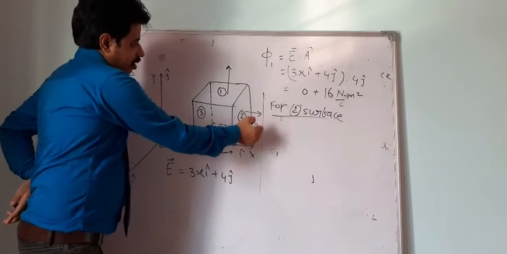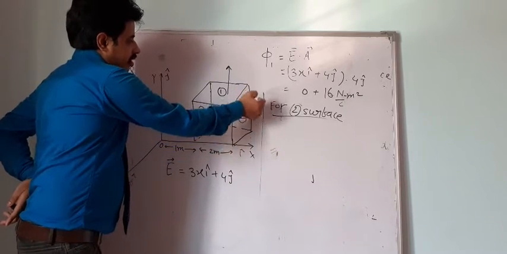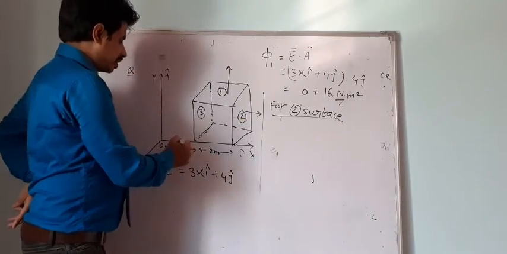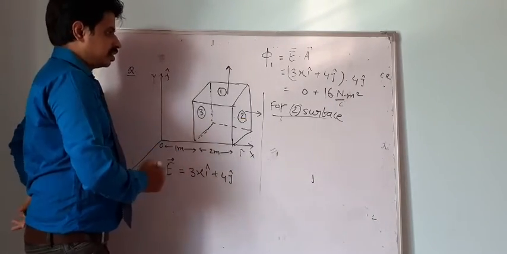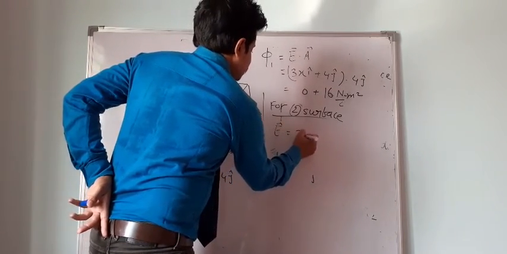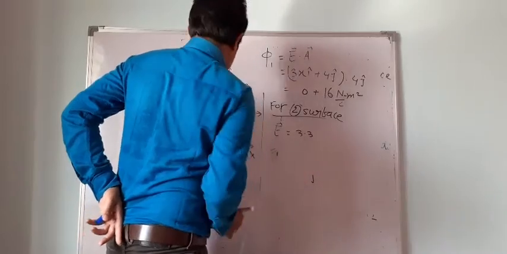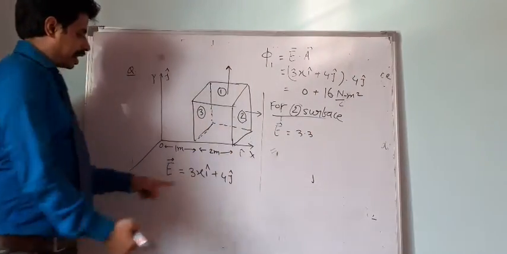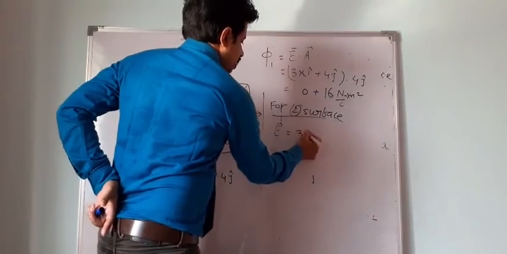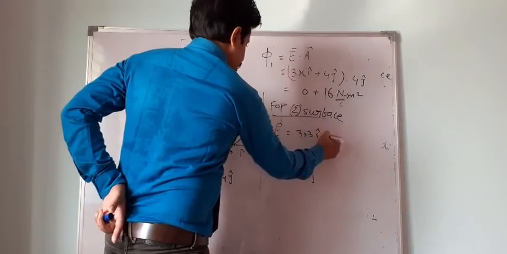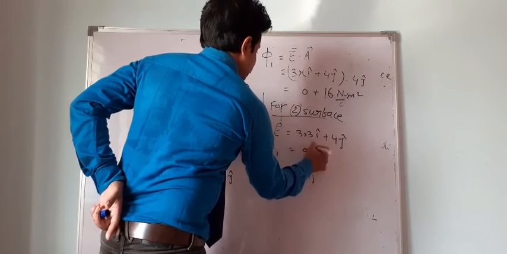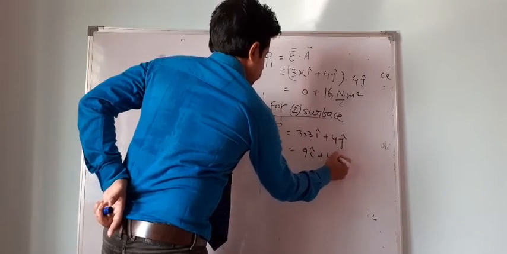All the points lying on this plane have a fixed value of x, that is 1 plus 2, 3. So E is what? 3x, so in place of x we will put 3. 3 into 3 I cap plus 4 j cap, that is 9 I cap plus 4 j cap.